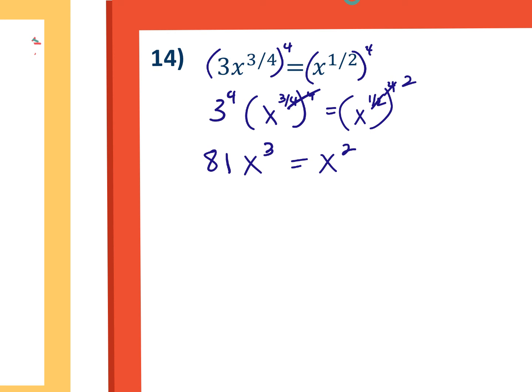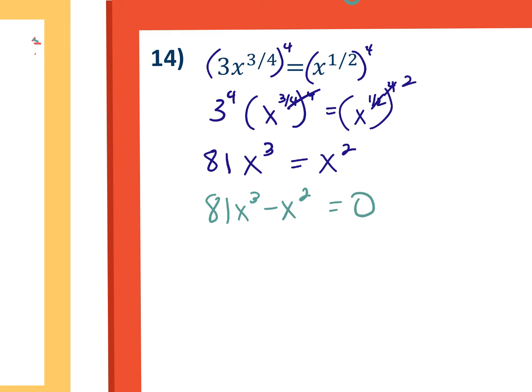Now what? What are you not going to do? Divide both sides by x squared and cancel out the x squared. So you can't get rid of the root, right? You can't cancel out variables. But as soon as you see there's a 3rd and a 2nd, that means get everything on the same side and try to factor it, right? So I bring the 81x to the 3rd minus x squared to the left.